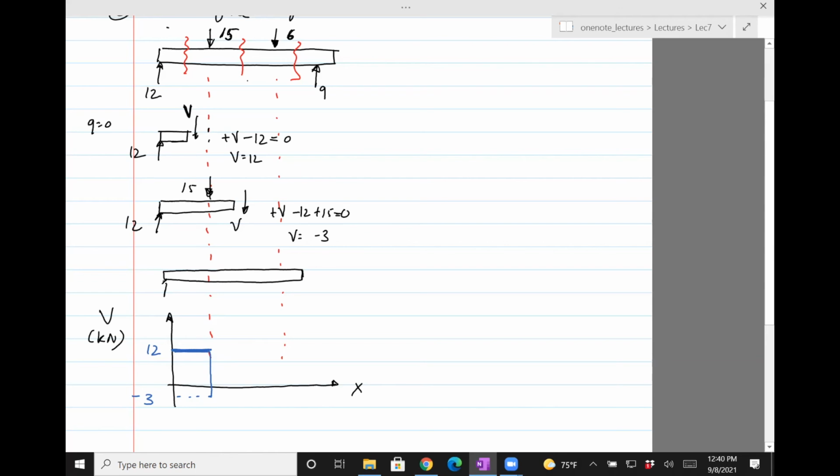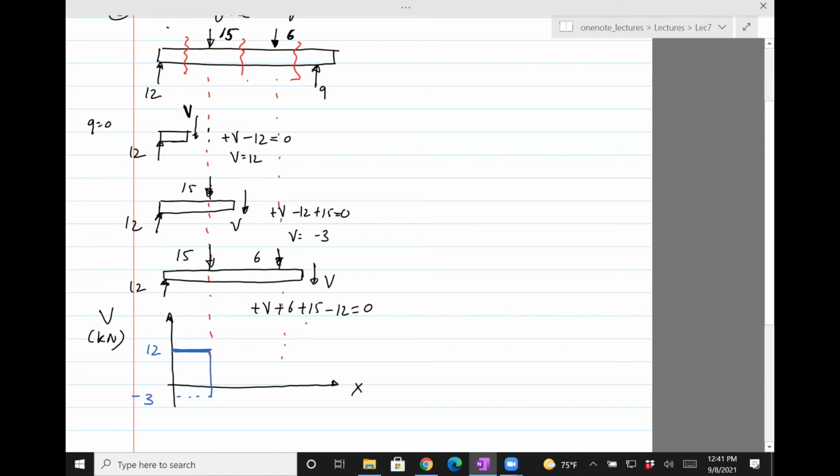Now let's go on to the third one. We have 12 upwards, 15 downwards, 6 downwards for the next section, and V is downwards per our convention. So now we can write the equation here: plus V plus 6 plus 15, because all of them are in the positive direction, and positive is downwards, minus 12 equals 0.